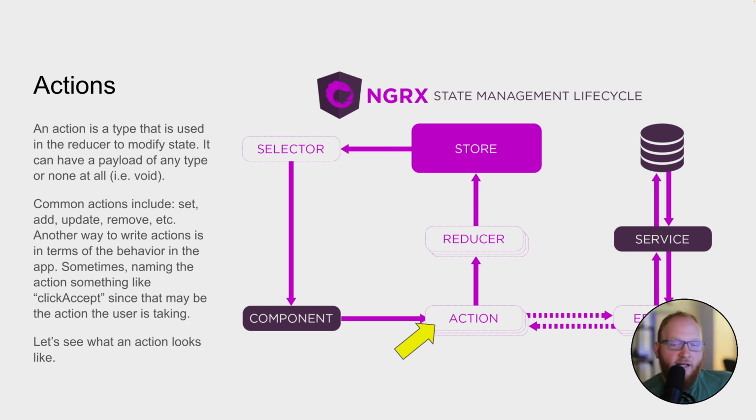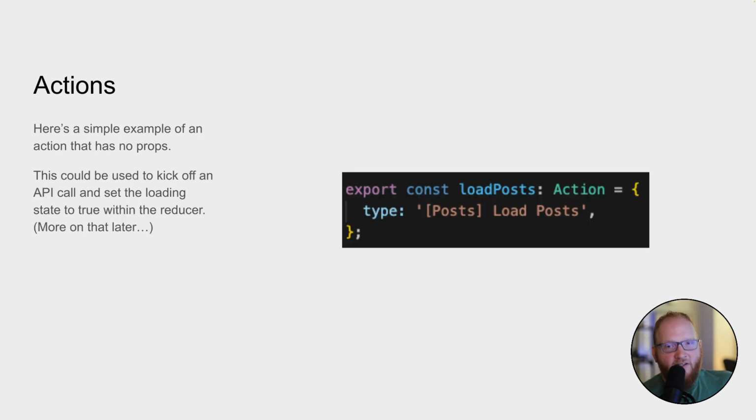So let's take a look at what an action looks like. I've made a very basic sample application that I can link to the GitHub link in the description. Here's a simple example of an action that has no props: load posts. I'm using the posts API, a placeholder API that anybody can access.